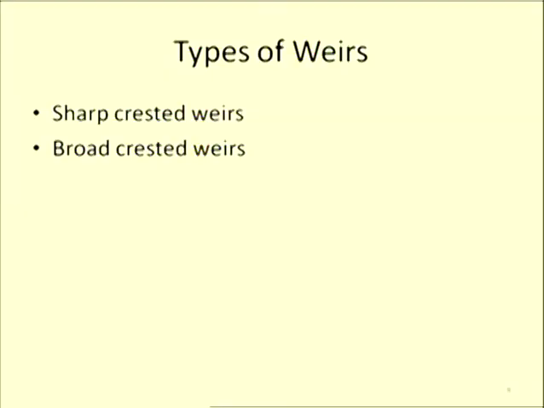Let's see on the screen how we could classify the weirs. Weirs can be classified into two categories, a very simple type of classification. If the crest, the top portion, is very sharp, then these are called sharp-crested weirs.